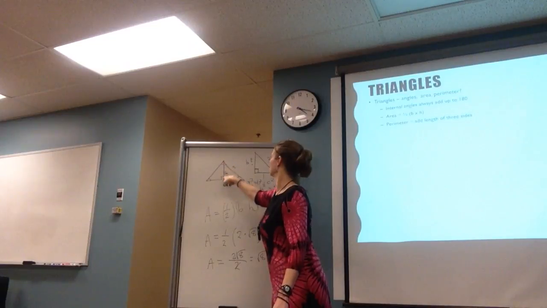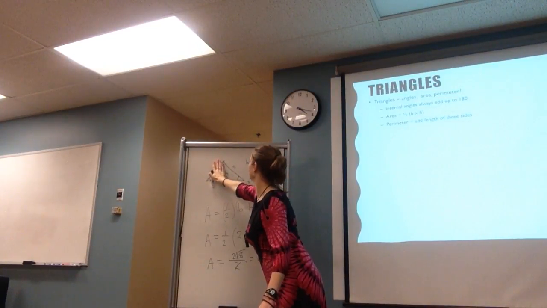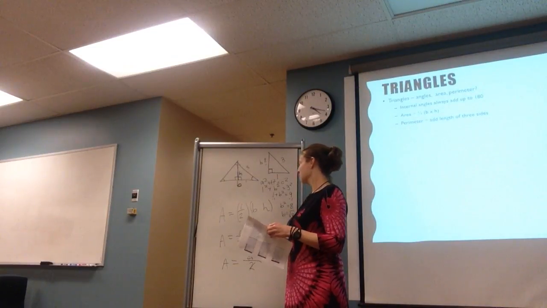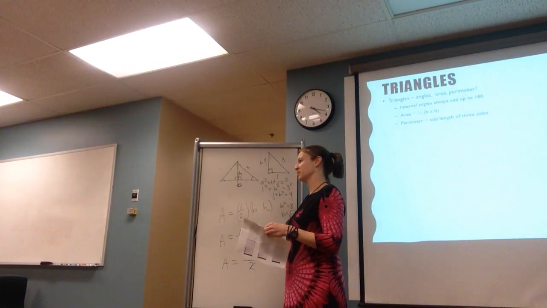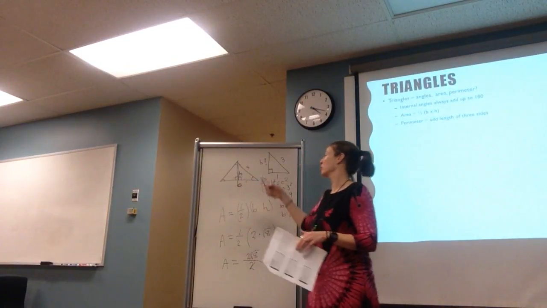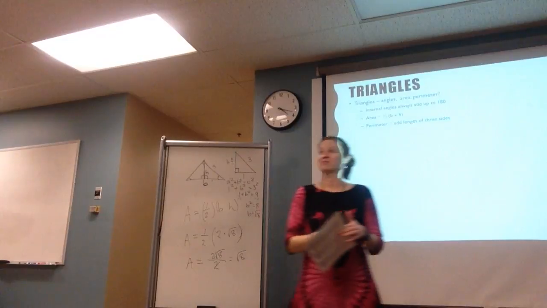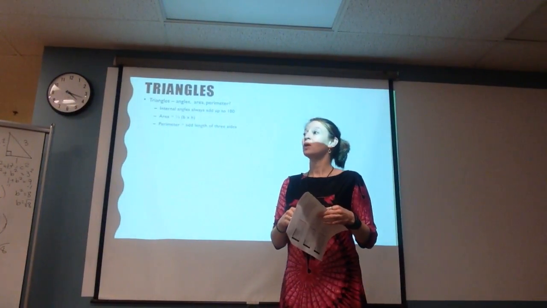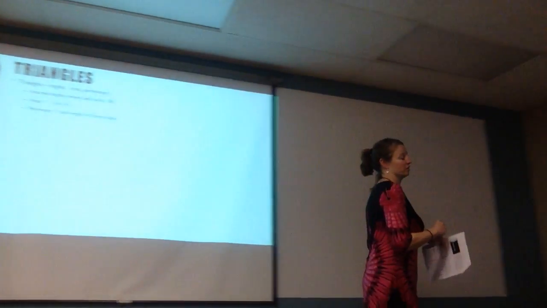If you have the base and the height, then you can just plug them in. On this one, you didn't have the height, so you have to find that. So we had to do the Pythagorean theorem first to find what the height was. It's a good one to know because it will come up.